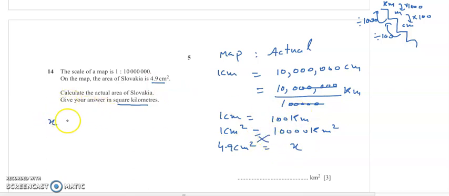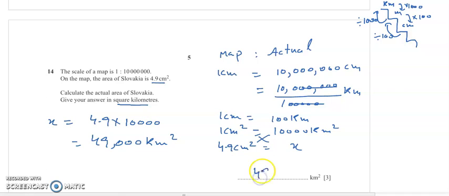X will be 4.9 times 10,000. So let's multiply them. We will have 4.9 multiplied by 10,000 and we will get 49,000 square kilometers. The answer will be 49,000 square kilometers.